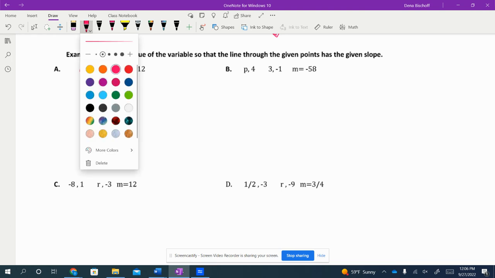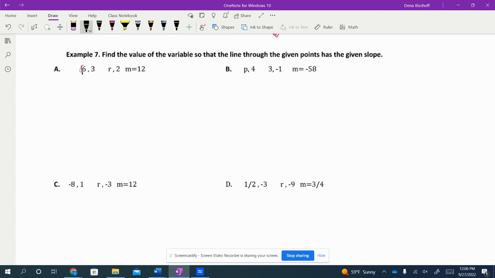So I want to put parentheses around those. So I have (6, 3) and (R, 2). And I'm going to do that for all of them. Okay. So all of those should be numbers in parentheses.